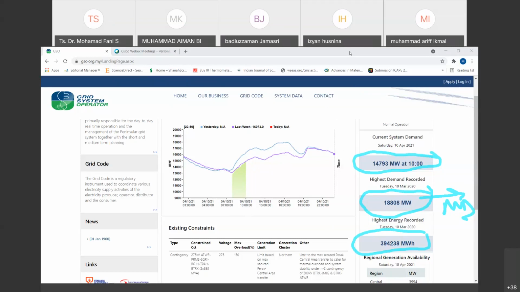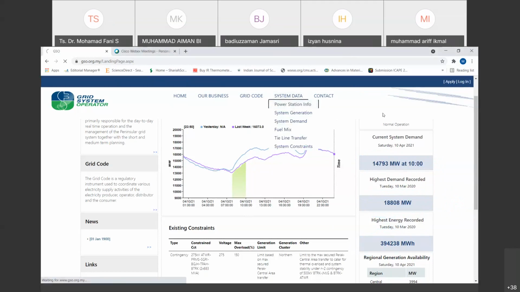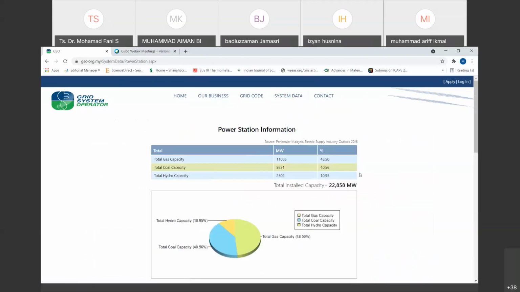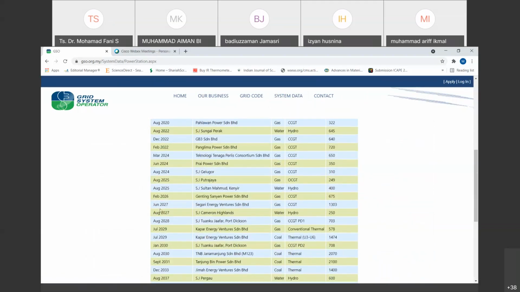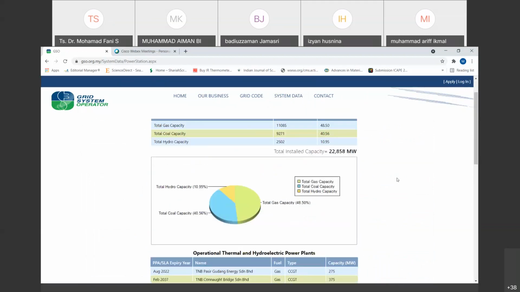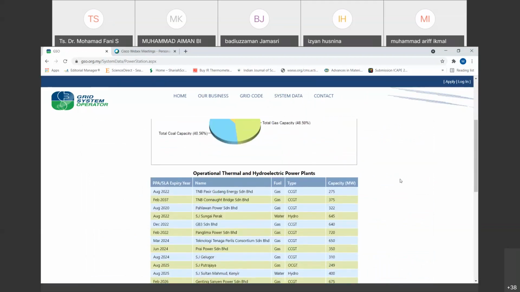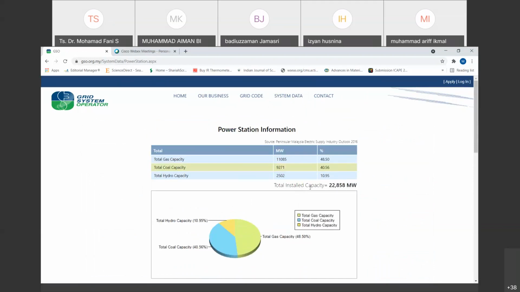Also, this website reflects the generation data. It provides the power station information and the system generation. This one is the list of the power stations in Malaysia. So the total installed capacity, something like here.